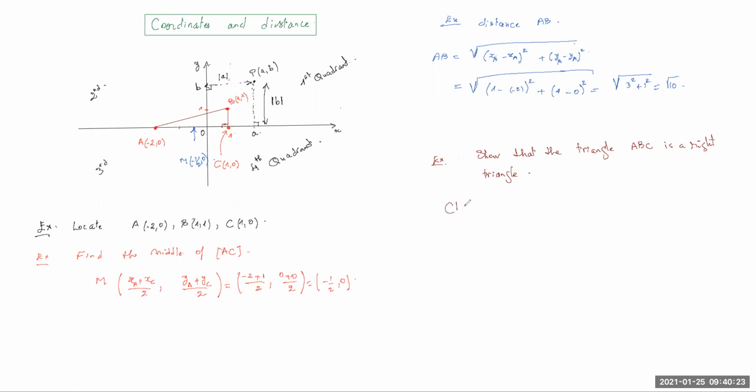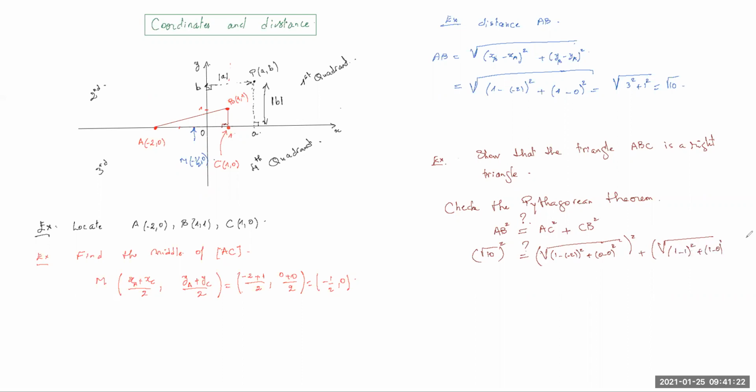Let's check the Pythagorean theorem. Do we have AB squared equal to AC squared plus BC squared? Here AB squared is the square root of 10 squared. AC will be 1 minus minus 2 squared plus 0 minus 0 squared, everything under a square root, plus the distance CB, which is 1 minus 1 squared plus 1 minus 0 squared.